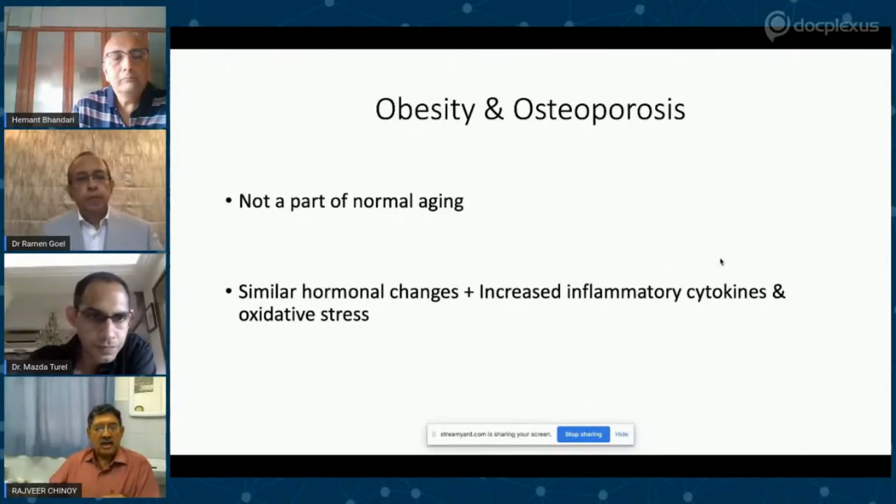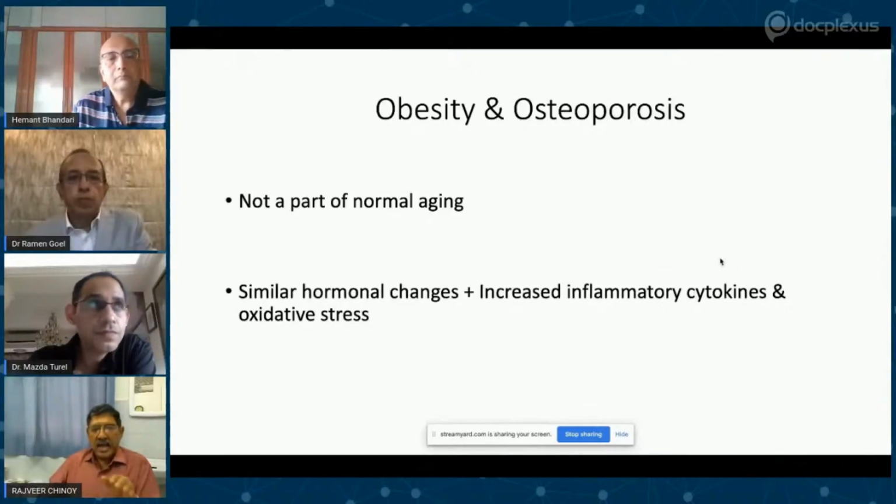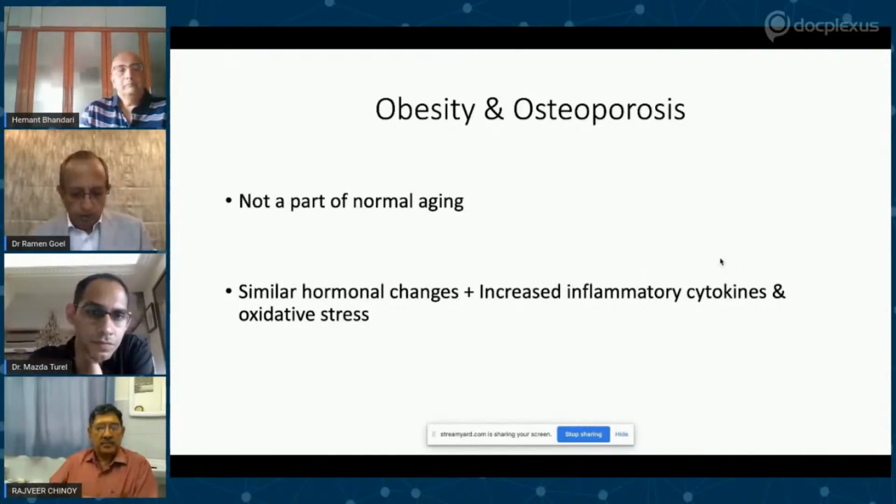And it's not related to age or being older. Yes, it is known to progress in some postmenopausal women, and it's refractory in some postmenopausal women, even to treatment.